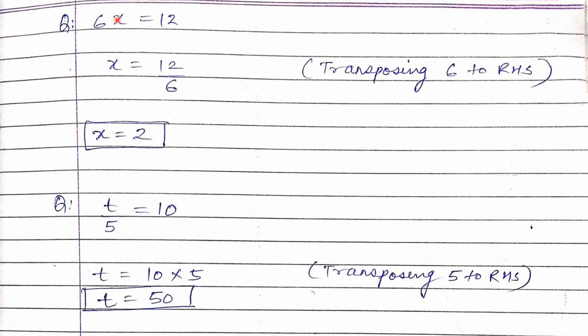So we will see what it is doing here. It is getting multiplied with the variable. So if you take this 6 to this side, obviously here it is multiplying, so here it will divide, without any sign change. From multiplication it came into division as it is. So it is 12 divided by 6, so we have got x is equal to 2.